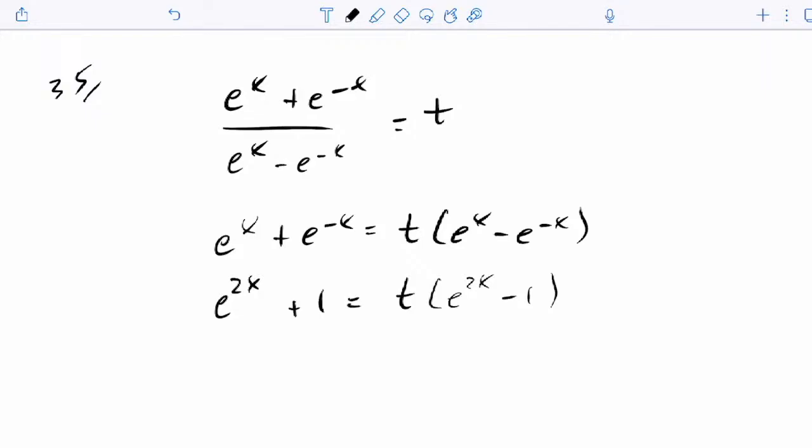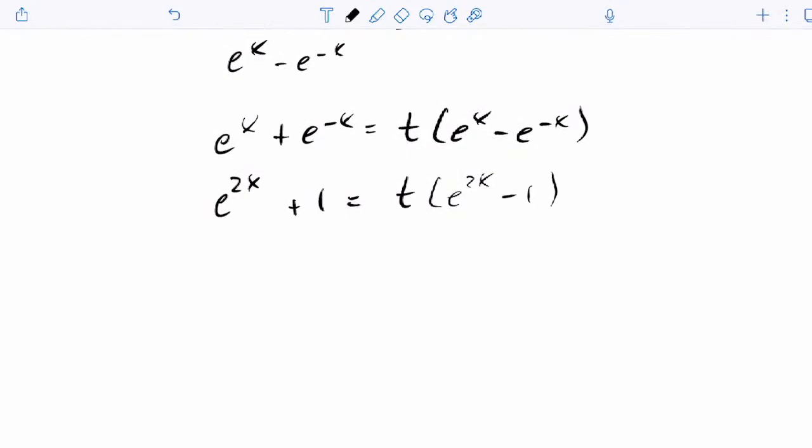Is this all right so far? Whoever's asking this one, I think it was Lan who was asking. So now I'm looking to solve for x, so bring everything to one side.